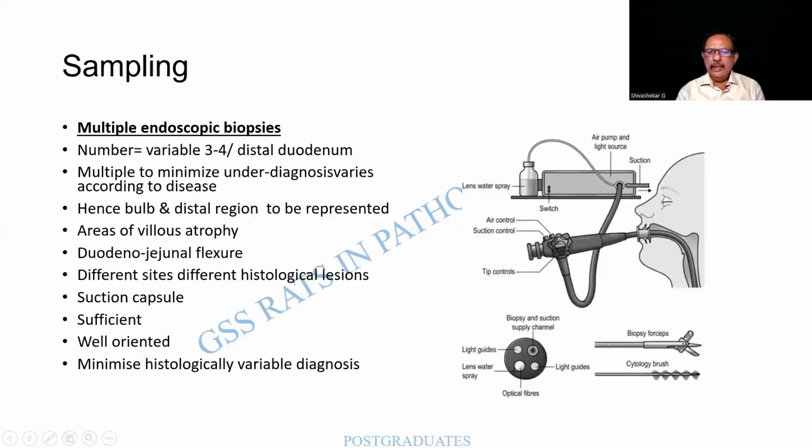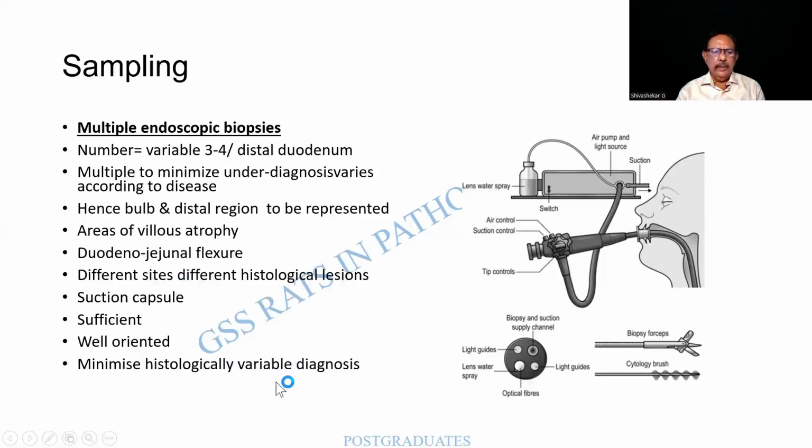And the sampling modality. So this is the endoscope, the suction, etc. You people can go through it. There is not only a biopsy forceps, but also a cytology brush. So it is becoming more advanced. And how frequently should you take the biopsies? So at least 3 to 4, the details are given over here. Areas of atrophy and the areas of flexure and different histological lesions which you anticipate.